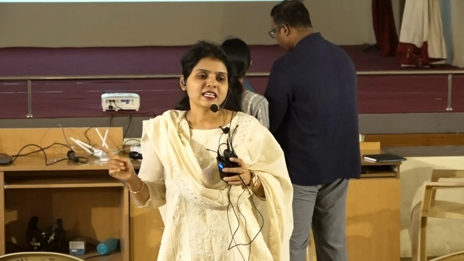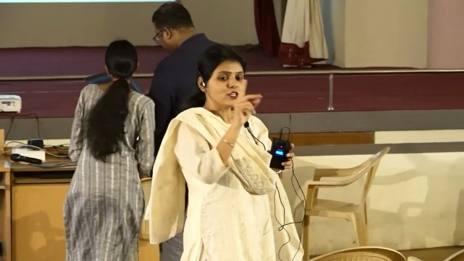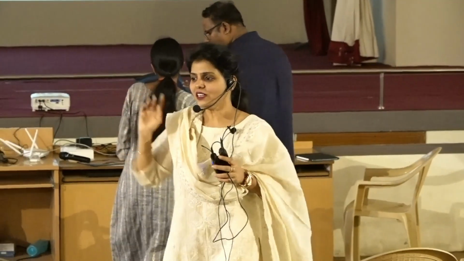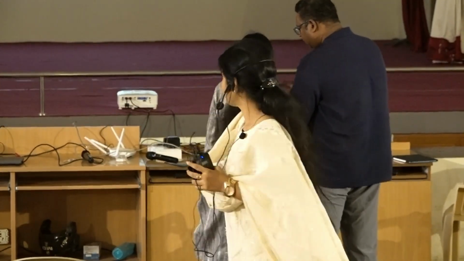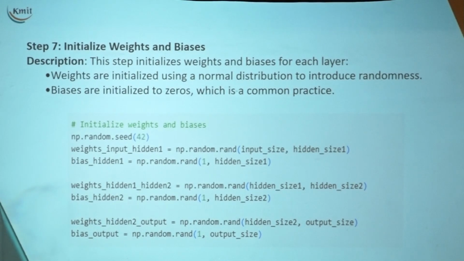Next, in task 2, we will define the architecture. How many layers do we have now? One input layer, two hidden layers, and then one output layer. Please do that in assignment 2. I'll quickly give a glance at the code.